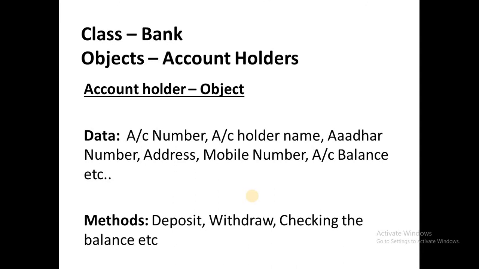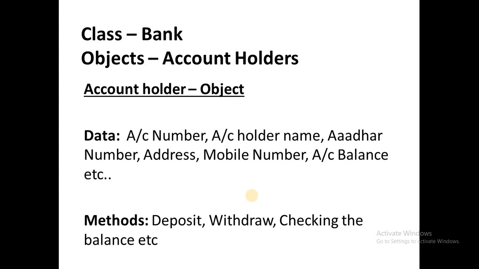Let us see an example. If you consider a bank system, any bank, consider that as an example. A bank will have n number of account holders. So consider bank as a class and each account holder as an object.